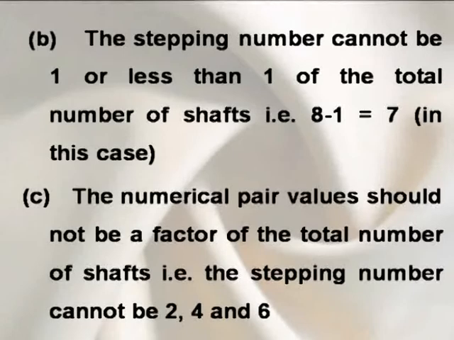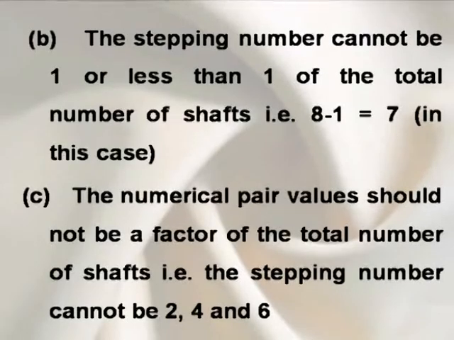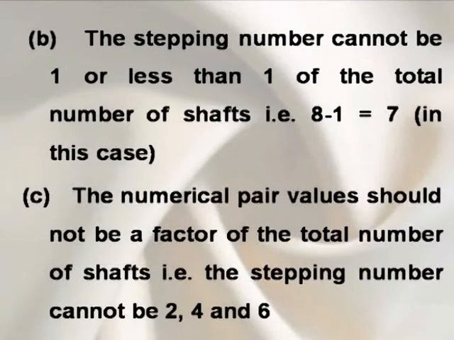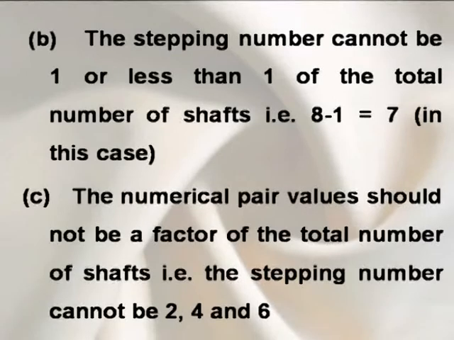B. The stepping number cannot be 1 or 1 less than the total number of shafts. For example, 8 minus 1 is equal to 7 in this case. C. The numerical pair values should not be a factor of the total number of shafts.